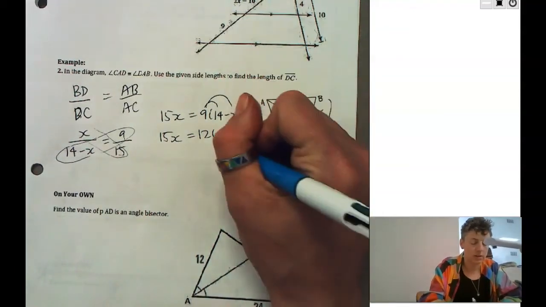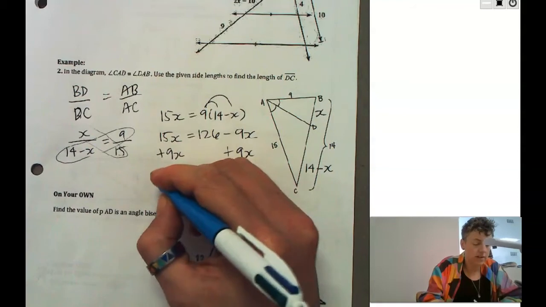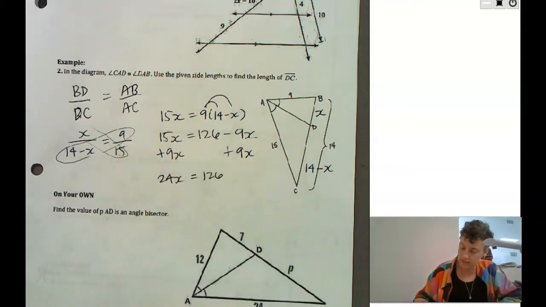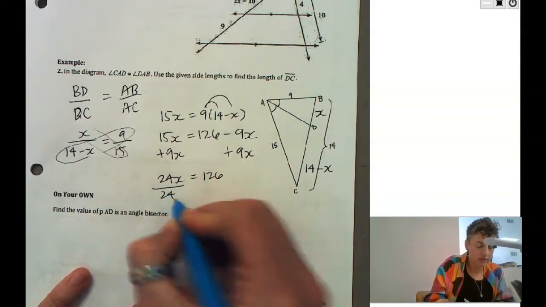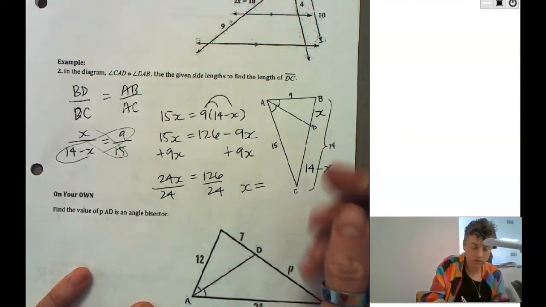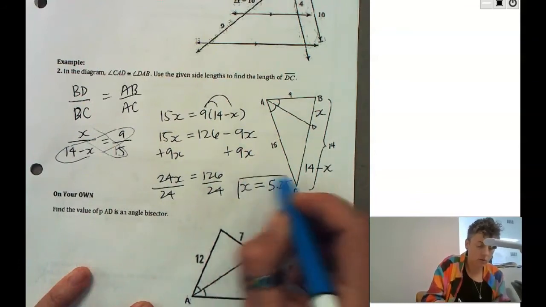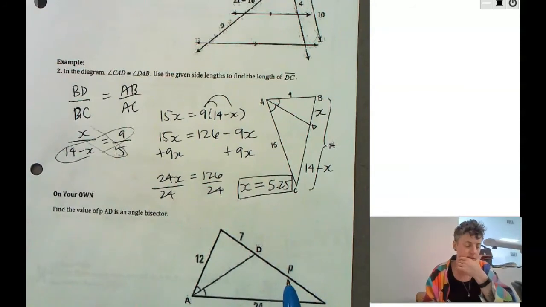Then let's do some addition and get 24x equals 126. And then we'll do some division. So x equals 5.25.